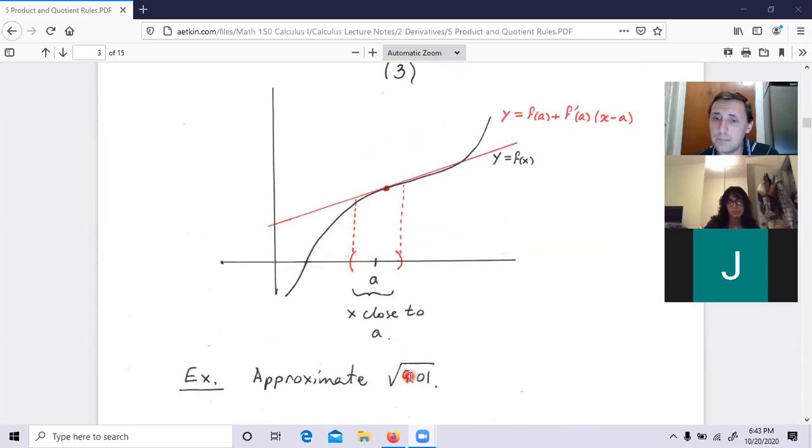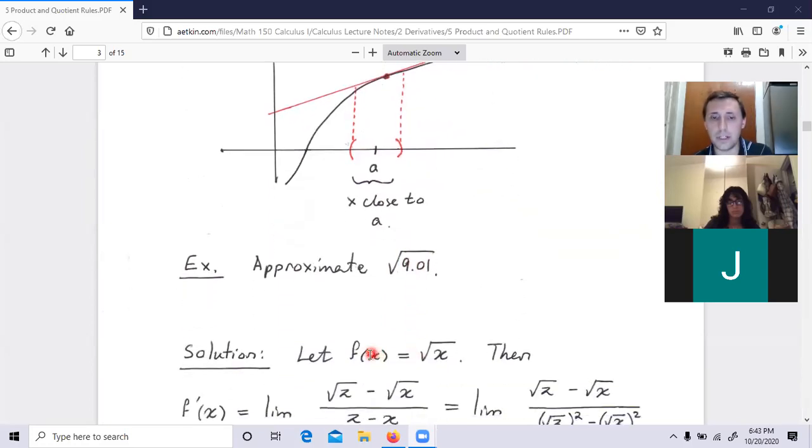So what I imagine doing is that I take the function f of x, which is root of x, and I zoom in at this curve near 9 and see what line I get, and use that line to carry out the calculation. So far you understand the philosophy, the idea here?